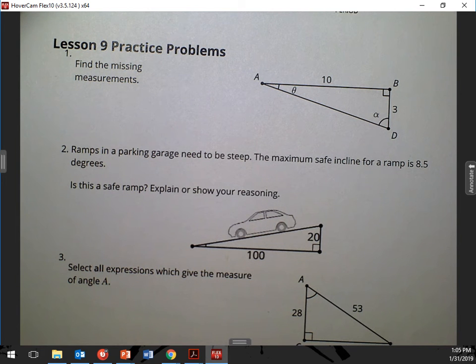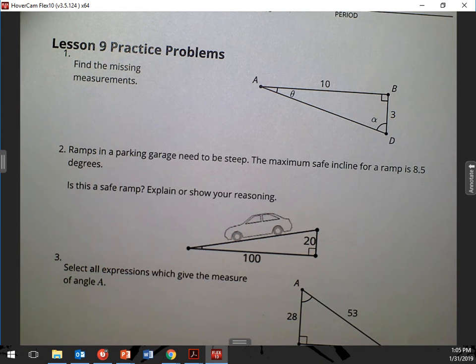When I'm looking for the angle, I have to do the... Look on page 13.